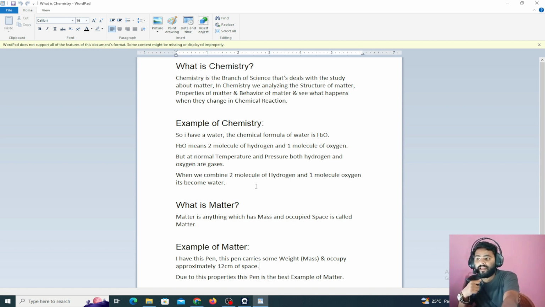When we combine two atoms of hydrogen and one atom of oxygen, it becomes water. So what we understand is, when we combine element X and element Y together, a chemical change takes place and a new composition, which is called water, is made.